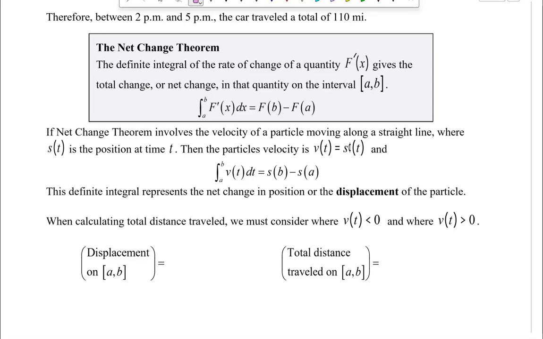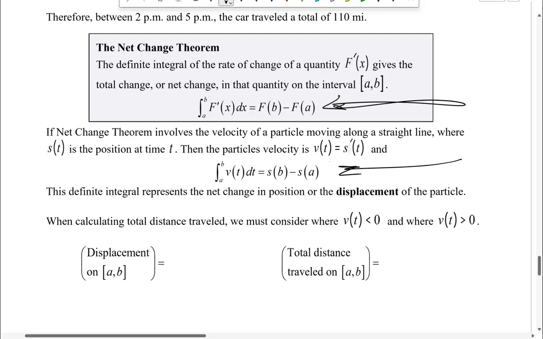All right, so looking at what's next, now we're looking at s of t, right, for position, which is the antiderivative of v of t. So I've got to clean up my notation here as well. So we'll just go ahead and get rid of that and put a prime. So fix that in your notes, please. So this right here and this right here are saying the exact same thing. It's just here, instead of f prime, we have velocity, and instead of capital F, we have position, okay?